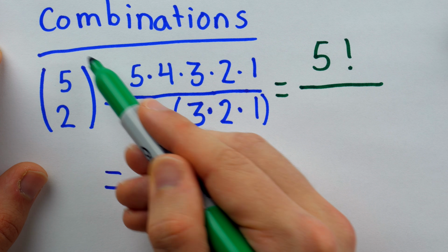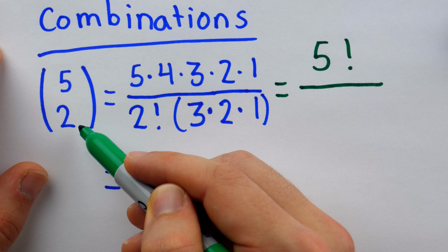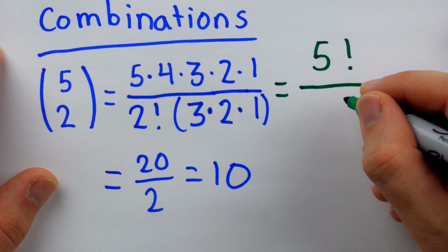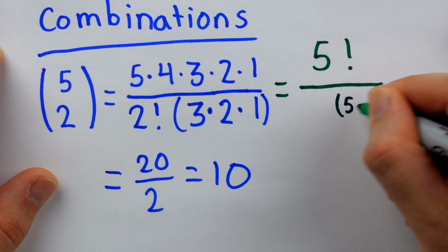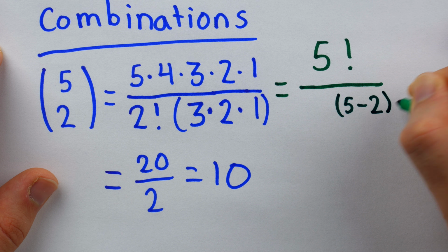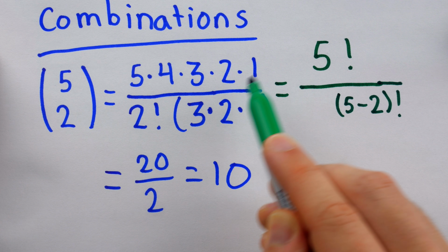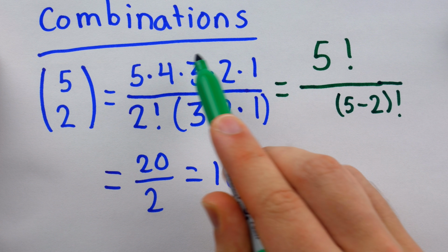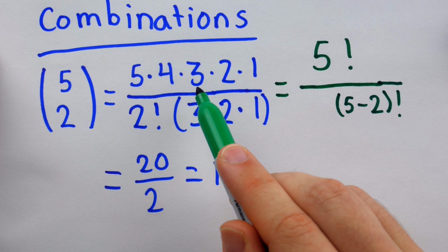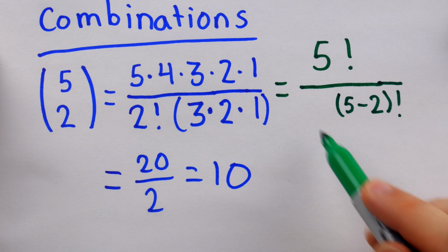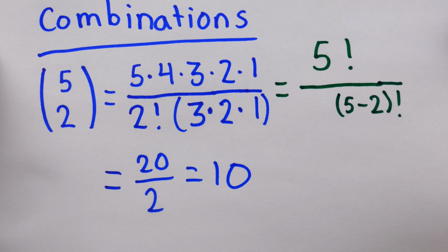We have 5 objects, but we're only picking 2 of them, so we need to divide by 5 minus 2 factorial. This gets rid of all those additional orderings that come from objects we're not actually selecting. Since we're not selecting the final 3 objects, those additional orderings are not relevant, and so we divide them out.